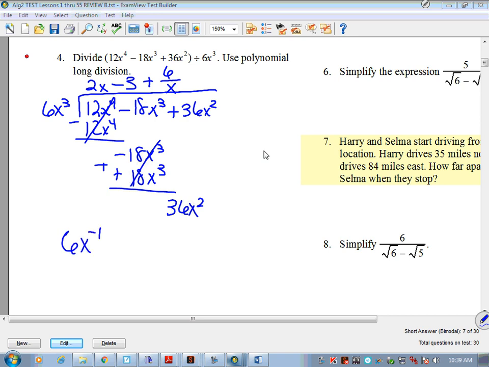Well, if I move this down here, that becomes a positive, right? That equals 6 over x. So my answer is 2x minus 3 plus 6 over x. Okay, and that comes from lesson 38. Okay, that's question number 4.